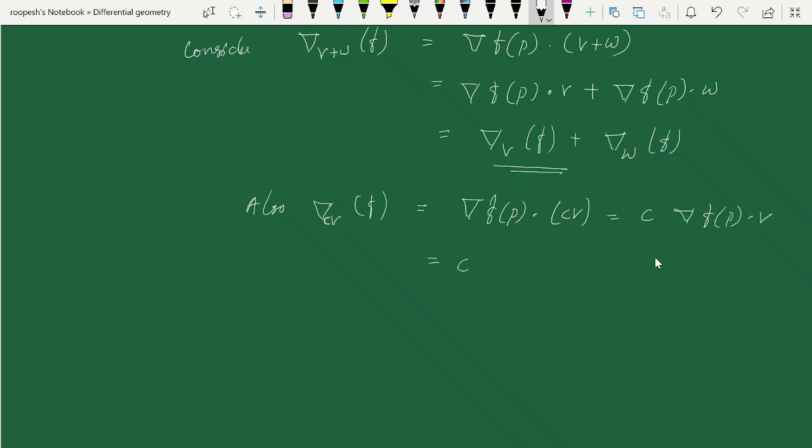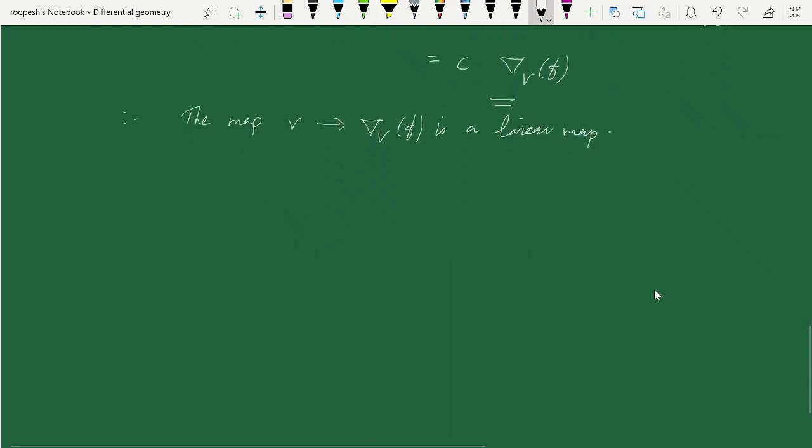Now this is nothing but c times del v of f, right? So this is linear. Therefore, the map v goes to del v of f is a linear map.